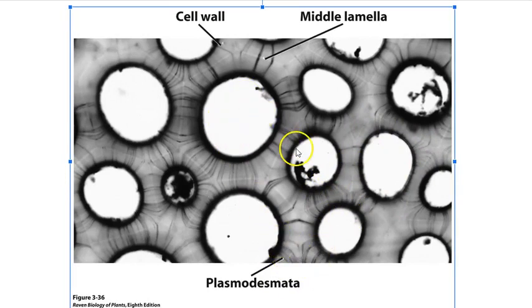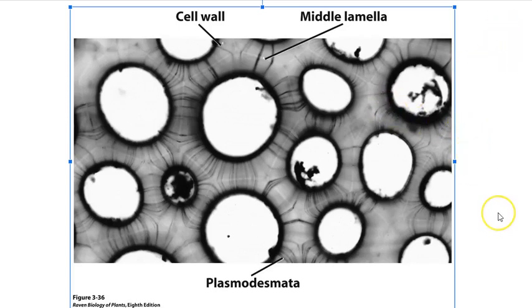If these cells are dead, the plasmodesmata become pits. So they become empty tunnels that still connect these cells. And we'll see this when we look at the sclereids. You'll see these stripes in that secondary wall. Those are pits where plasmodesmata used to traverse and connect that cell to the cells around it.